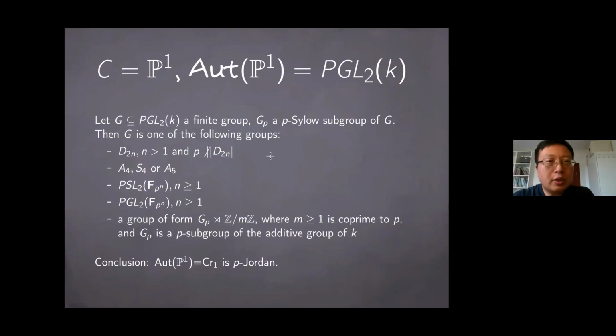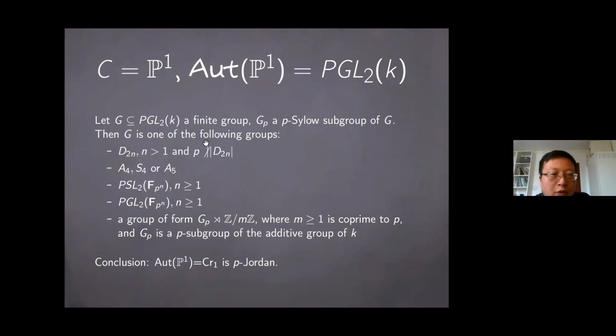So in this case, for the automorphism group of P1, there is a classification, which we first saw in a paper of Dolgachev and others, similar to that over the field of complex numbers. Let G be a finite subgroup of PGL2, and G_P denote the P subgroup.